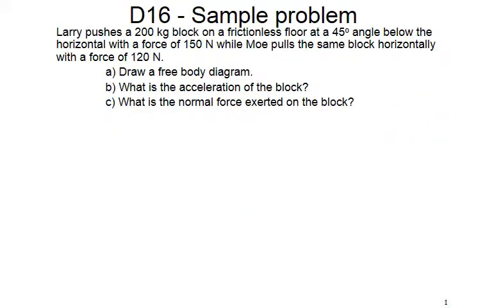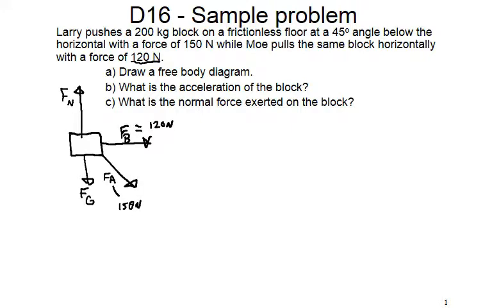Okay, so now we're going to take a look at a situation where an object's being pulled and pushed at the same time. In this one, Larry pushes a block at a 45 degree angle below the horizontal, and Mole pulls the same block horizontally with 120 newtons of force.